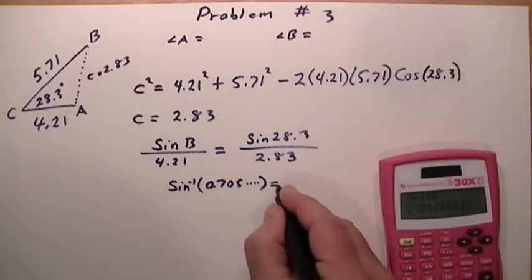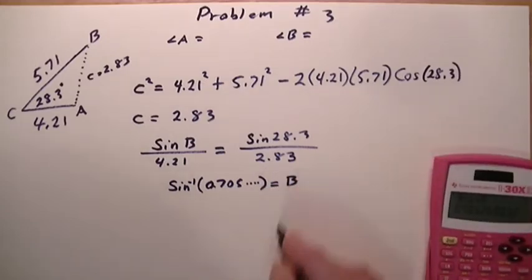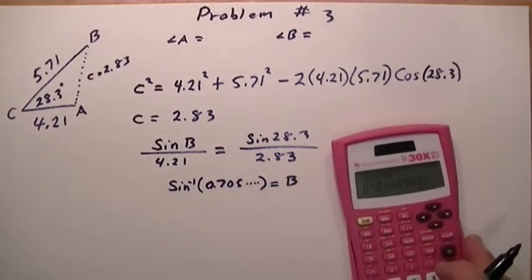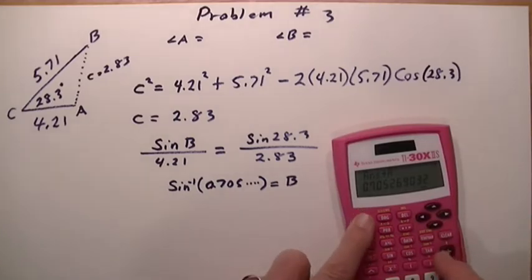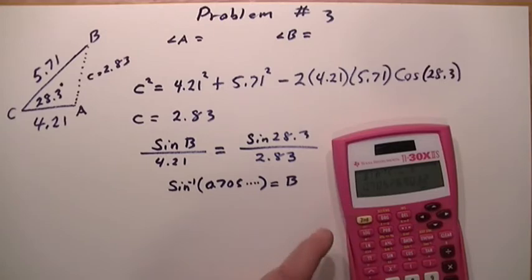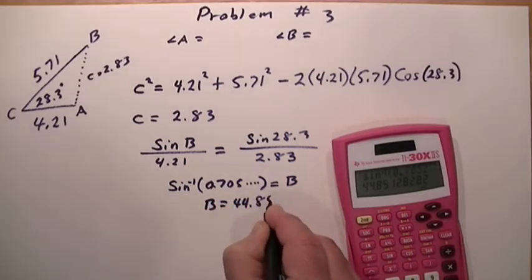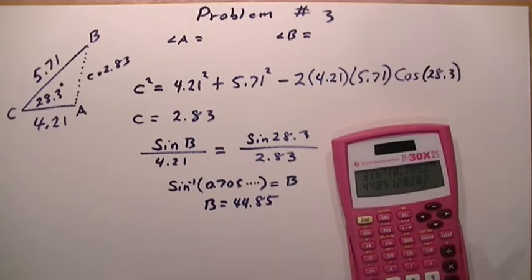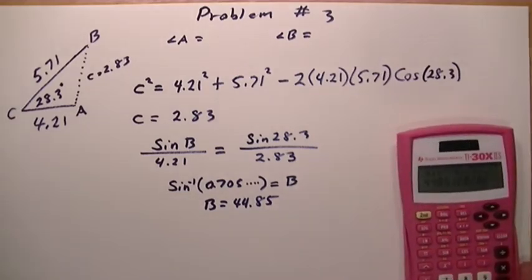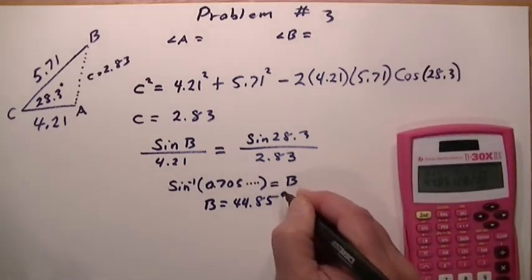But the inverse sine of that is going to be my angle B. So now all I have to do is take my calculator and say, okay, give me the inverse sine, and then bring back that number I put in memory, and close off the parenthesis, and it tells me that for B, 44.85. I believe that's a nicely rounded number. So 44.85 degrees is the B value.